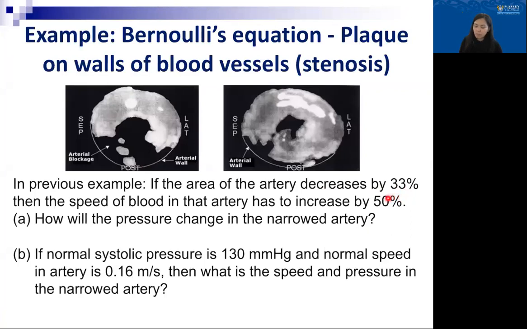So we've seen in the previous example that if the area decreased by 33%, then the speed will increase by 50%, right? We worked this out earlier. Now, the next question is, how will the pressure change in the narrowed artery? Qualitatively, will the pressure increase or decrease? What do you think?